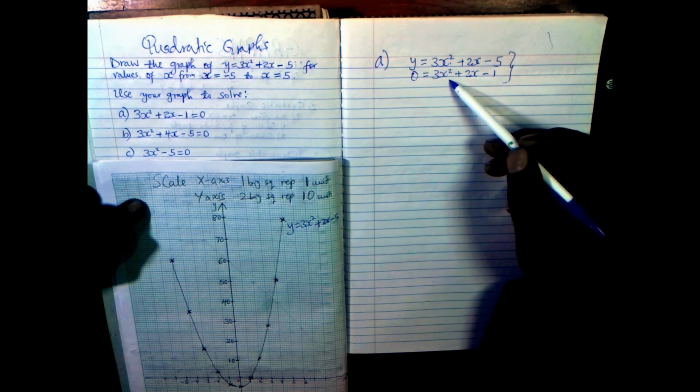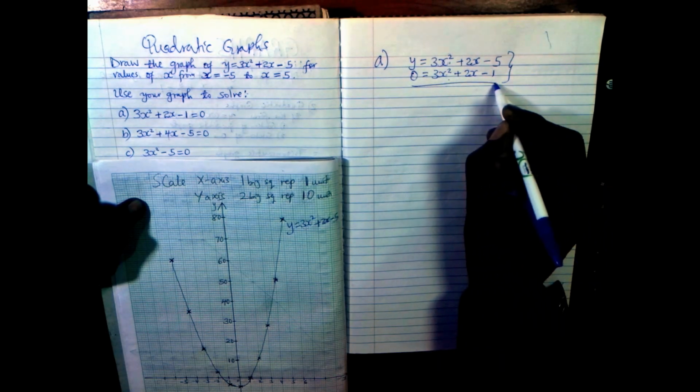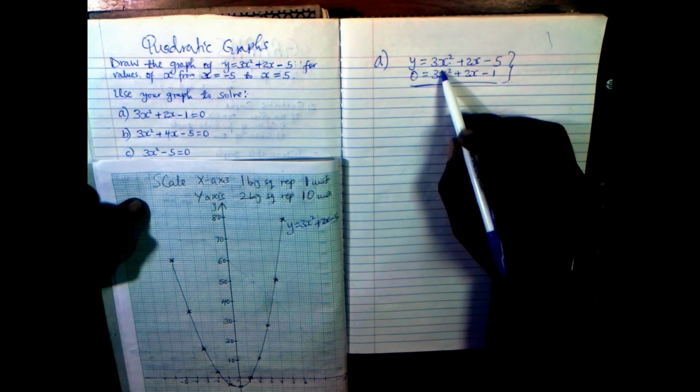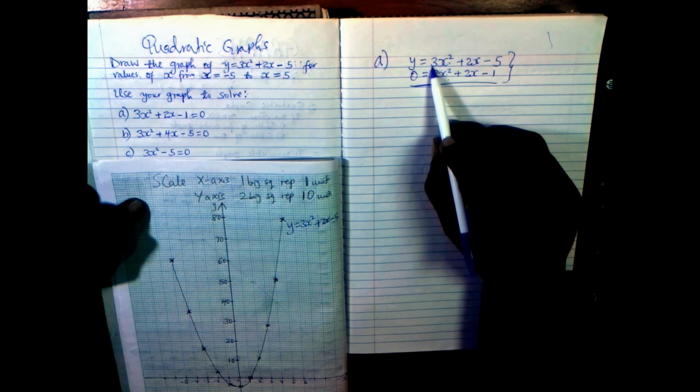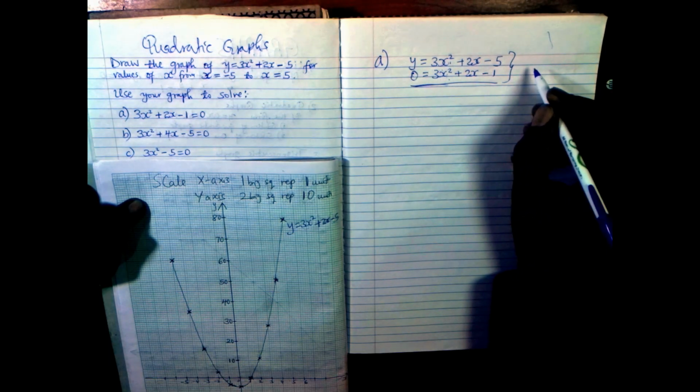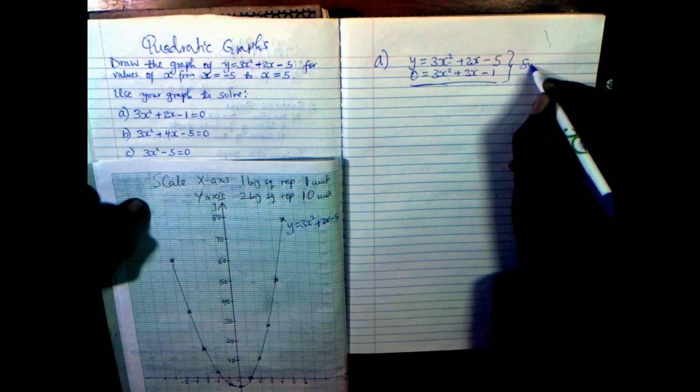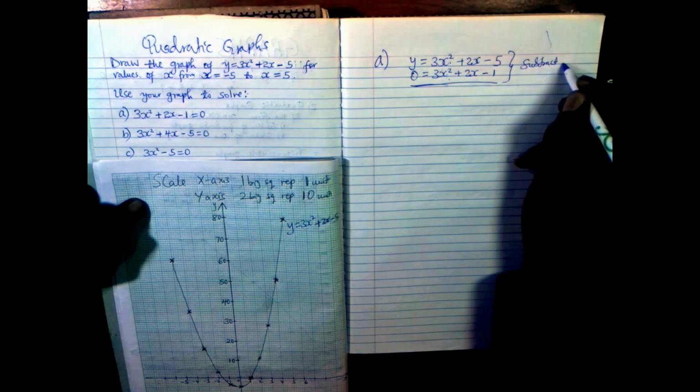So we need to eliminate the coefficient of x squared so that we obtain a linear relation. 3x squared, they have the same sign, so we are going to subtract the two equations.